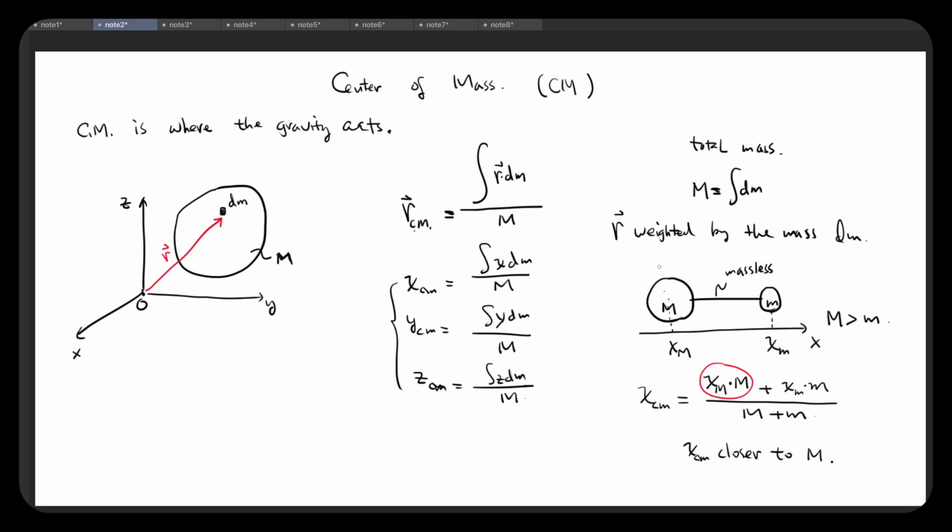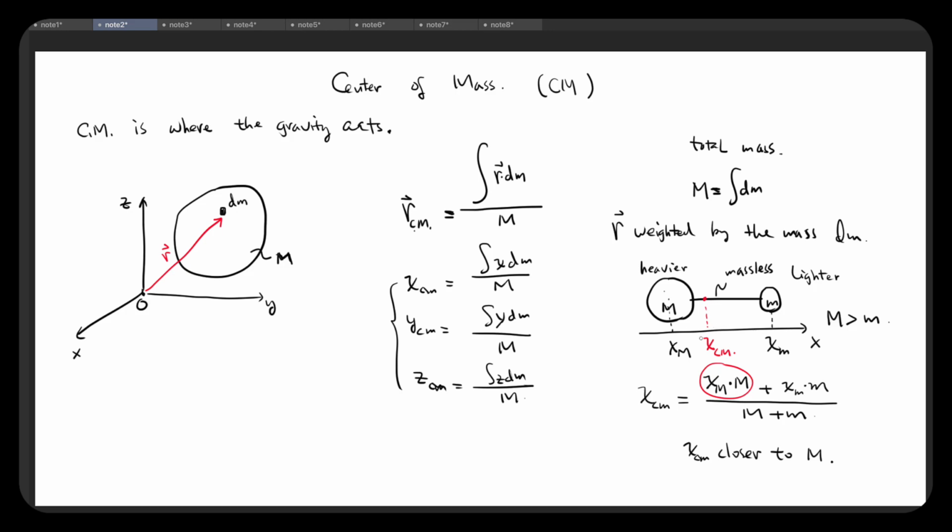So the left side is heavier and the right side is lighter. The center of mass is closer to the heavier side, so the center of mass is probably here.